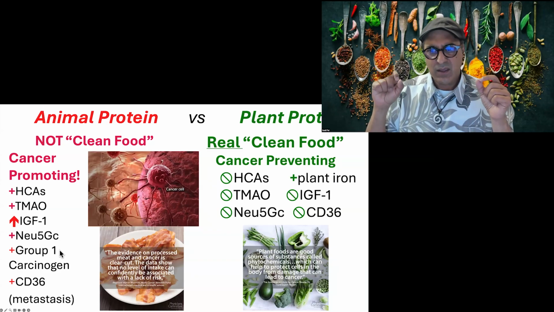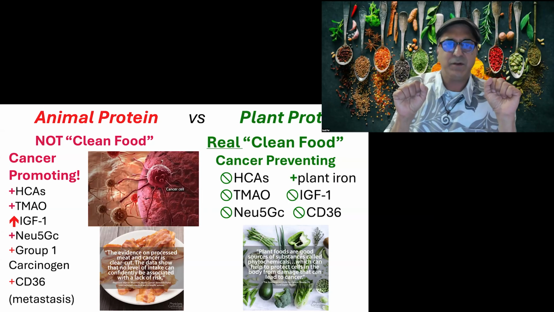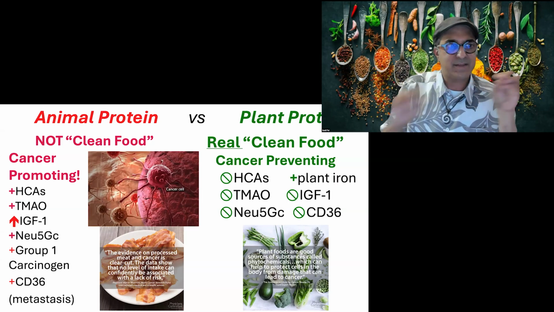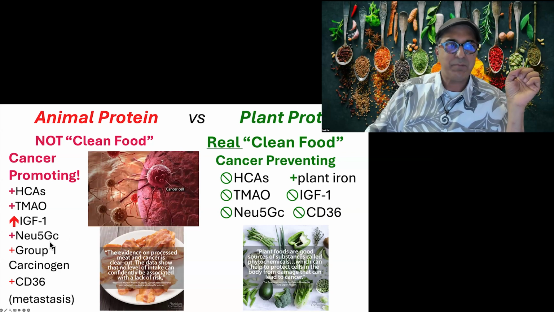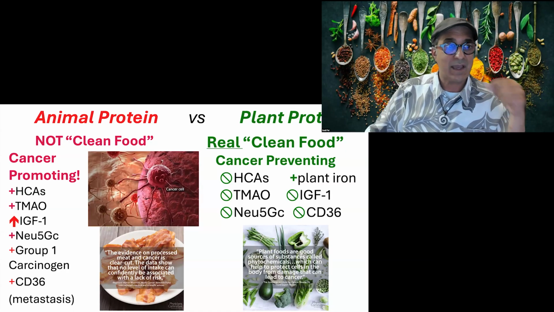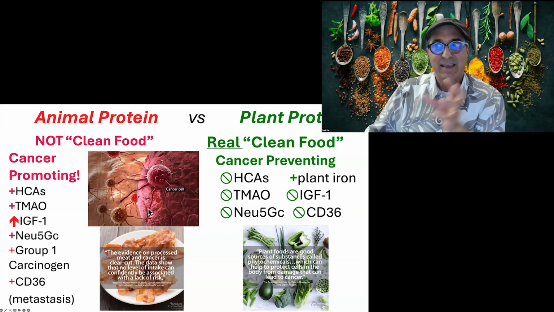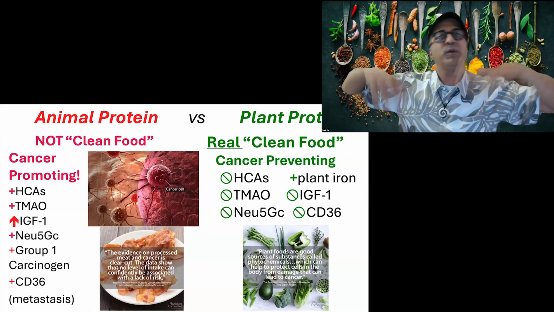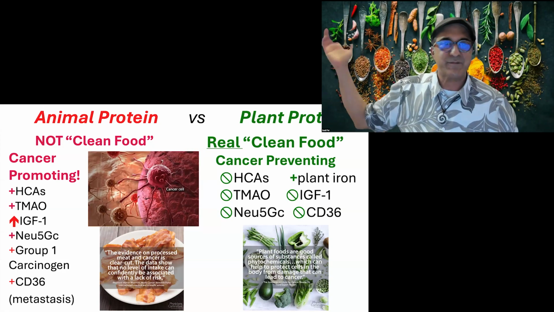This is a controversial area in the research because as humans, we cannot process this molecule that is in red meat and dairy. Okay. And in a certain percentage of the population, it triggers an immune response, an autoimmune-like response to the protein. It's almost like they're allergic to the meat. Now, a lot of people say, well, we've been eating this for a long period of time.